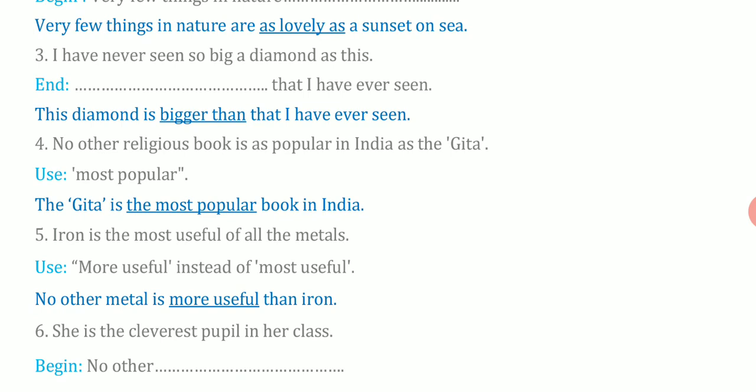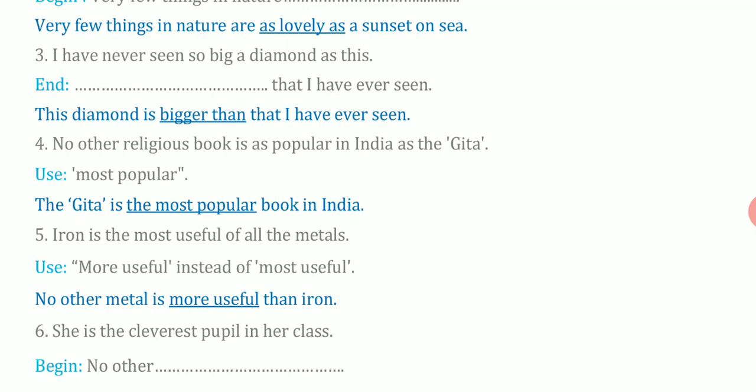This diamond is bigger than any I have ever seen. No other religious book is as popular in India as the Gita. Most popular means we are to convert to superlative degree. The Gita is the most popular book in India.